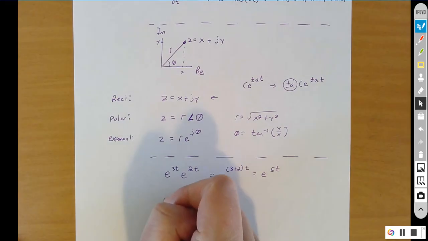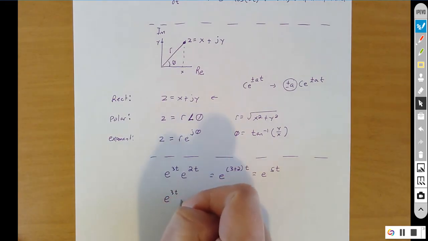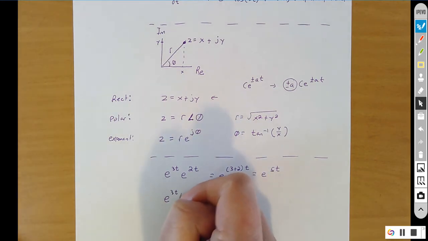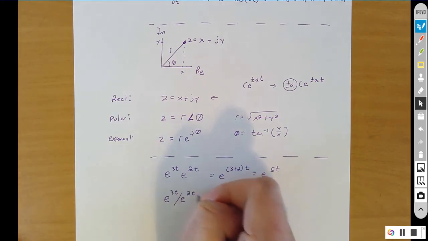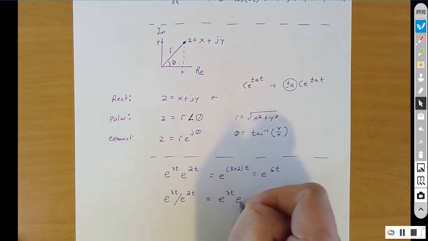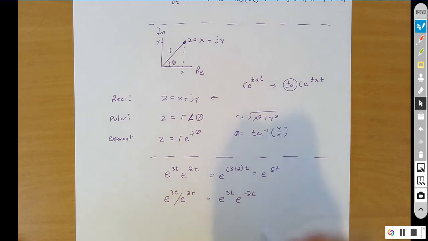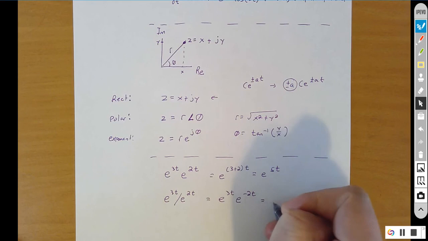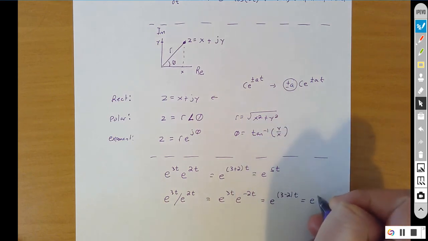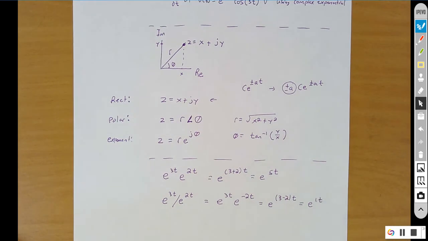If I have e to the 3t divided by e to the 2t, that is the same thing as e to the 3t times e to the negative 2t. Remember, inverting will put us on the bottom. You should see where the pattern goes here. We get e to the 3 minus 2t, which is just e to the 1t. So just a refresher on exponential math. It's pretty nice. This is why we want to use it if we can.